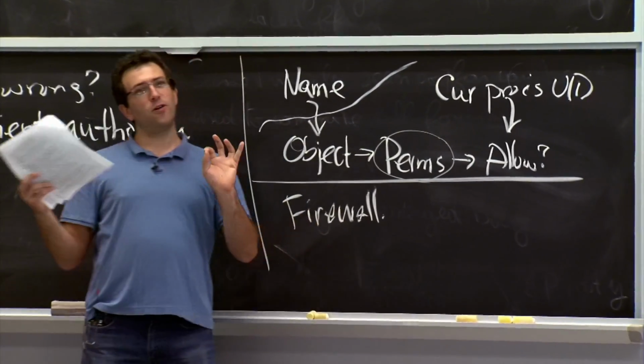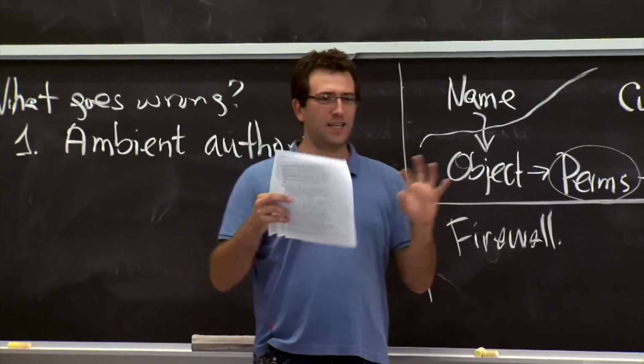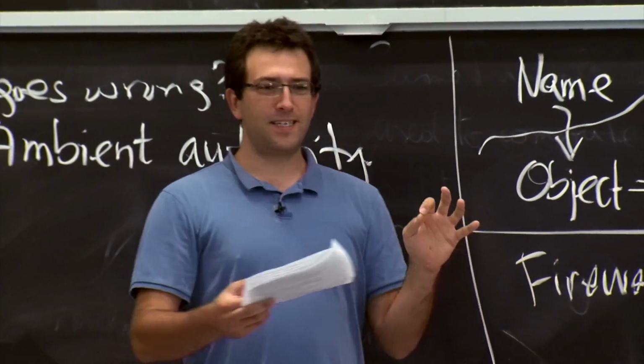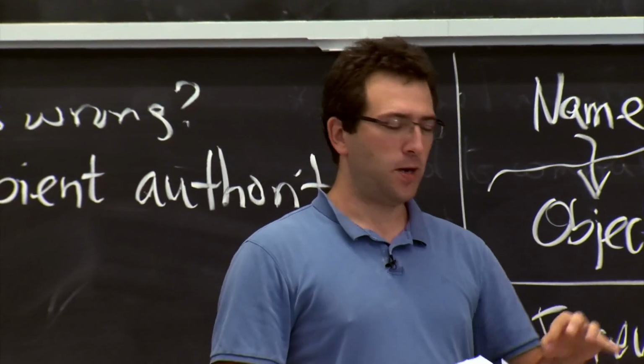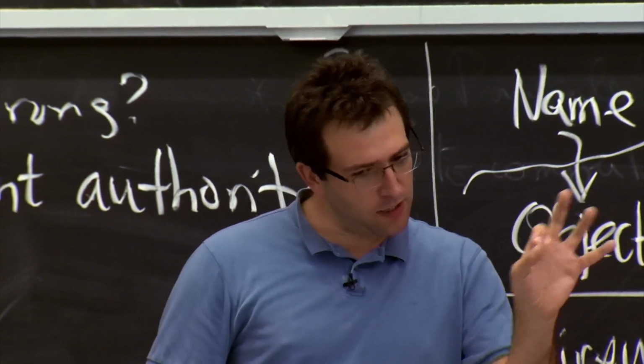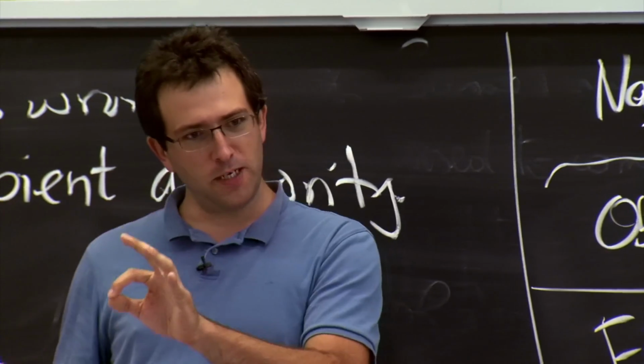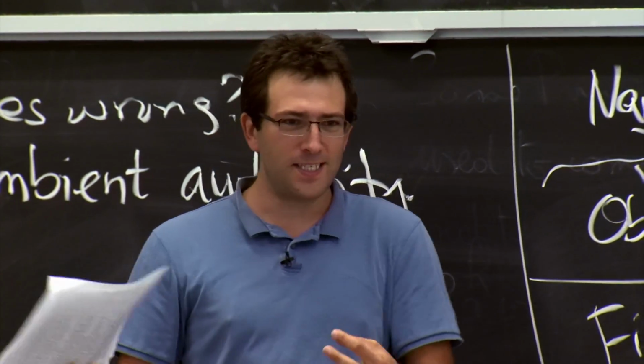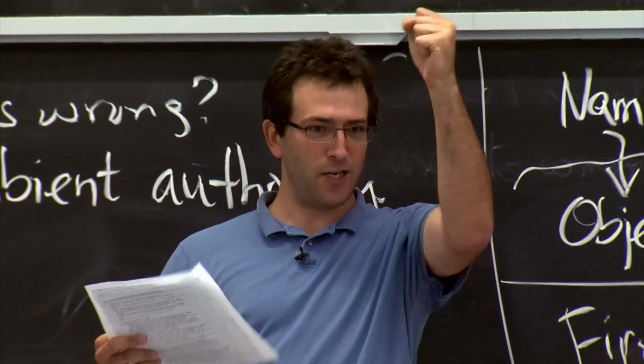And this sort of came out of the military in the 70s or 80s when they really wanted to have classified computer systems where, well, you're working on some stuff and that's marked secret. I'm working on some stuff that's marked top secret, so my stuff just can't go to you. It's not up to me whether to set the permissions on the file, et cetera. It's just not allowed by some guy in charge.